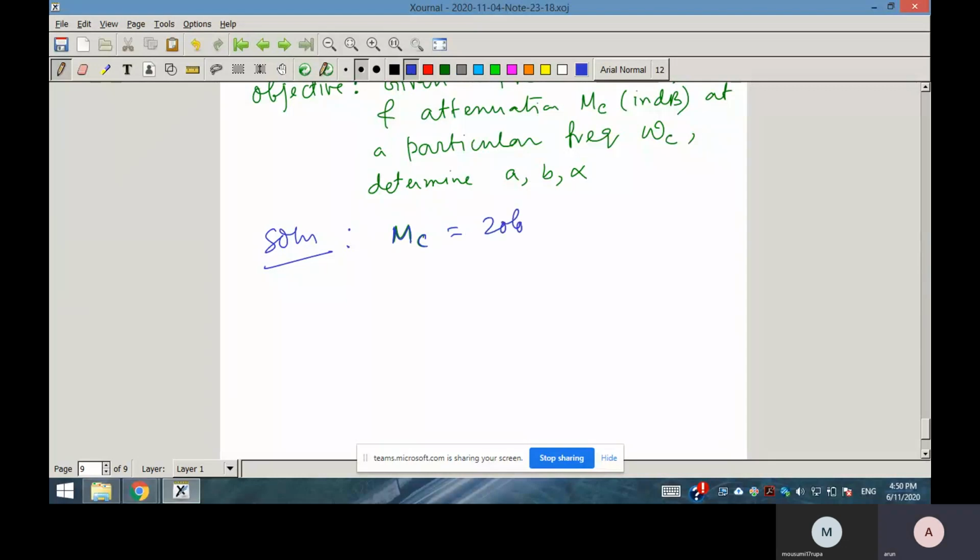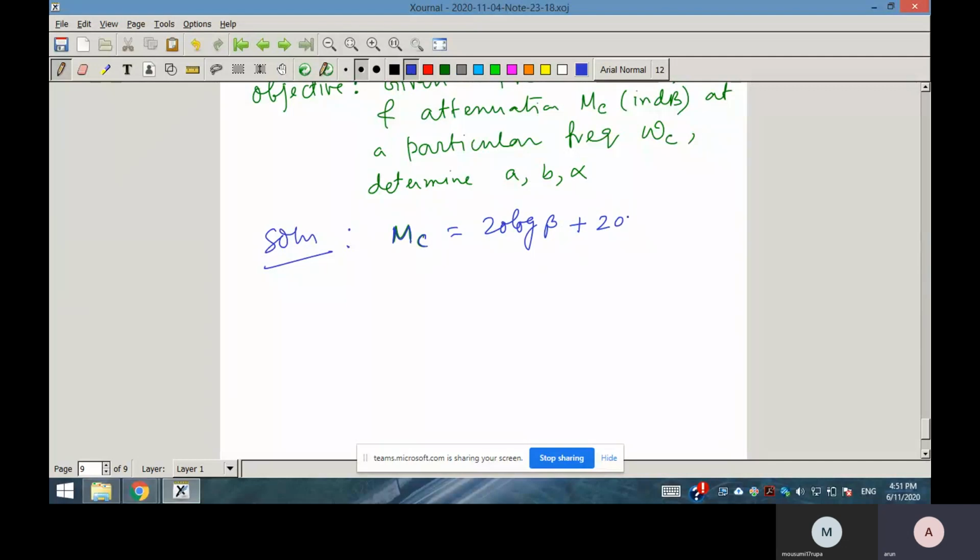So here Mc will be equal to 20 log beta, which is the gain attenuation provided by the lag part, plus the gain provided by the lead part. But ultimately this sum should be negative, because beta is less than 1, and the sum should be such that Mc is negative in dB.